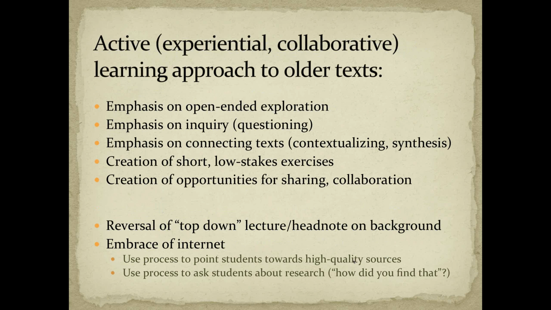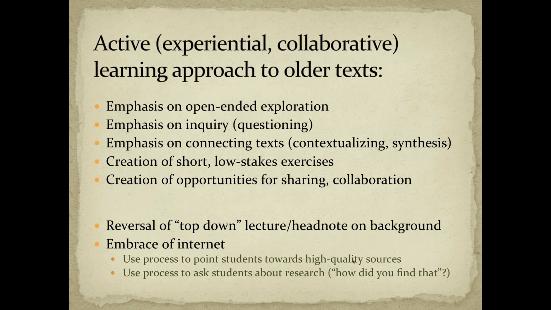However, I'm going to say, what if we imagined giving it to them in a more experiential, active learning form, like we were just doing with the plague, where they would have to engage in open-ended exploration, where the information is not given to them, but they must find it themselves?